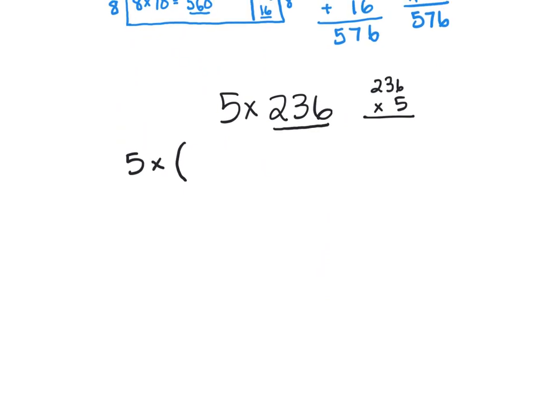Okay, so now I'm going to put it in parentheses. I have my 2 in the hundreds, so that is 200. So I'm going to write 200 plus 3 is in my tens place, so that's 30. 6 is in my ones place, and that's a 6. And if I added that all up together, I would get 236.